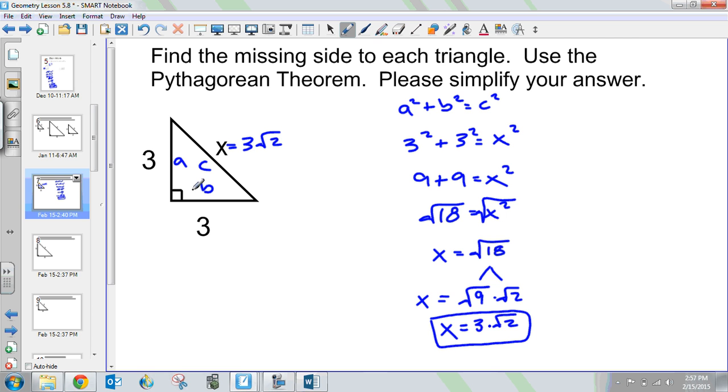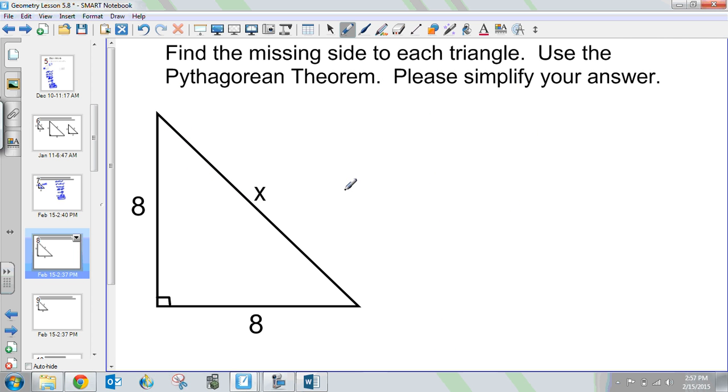Now, what I notice about this triangle is that these sides are congruent. They're both 3. So then my base angles have to also be congruent. This is an isosceles right triangle. Okay, so let's move on to the next one. Now I have something very similar here. Again, this length and this length are congruent, which means that these two base angles are congruent, and it's a right triangle.